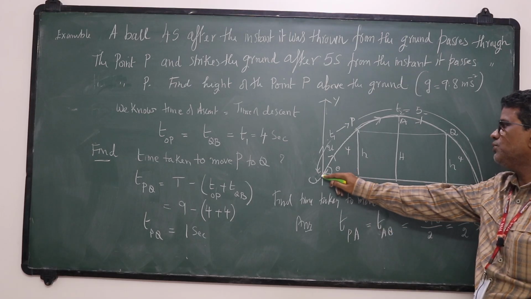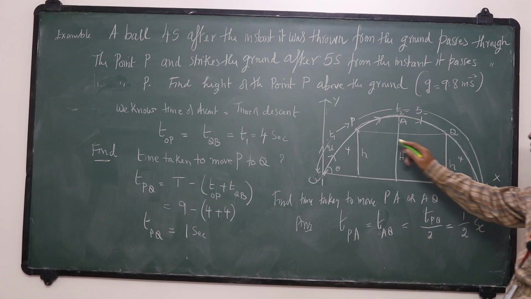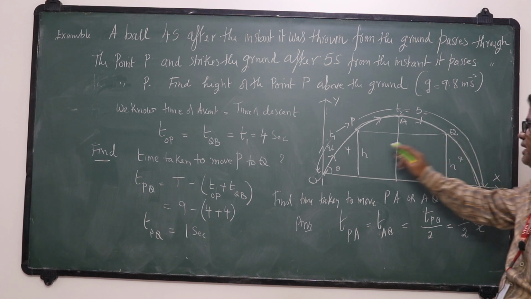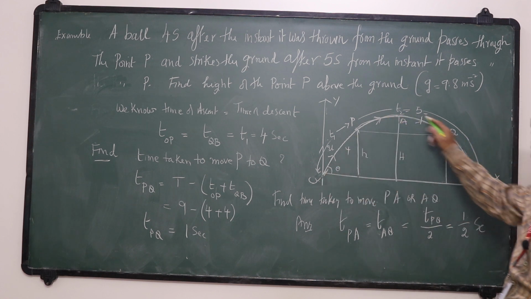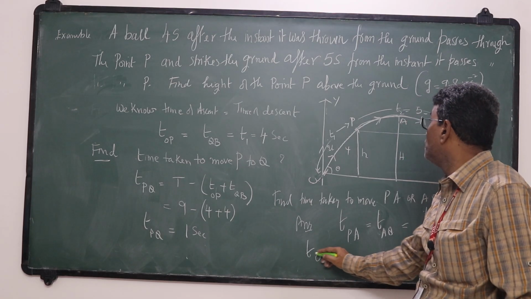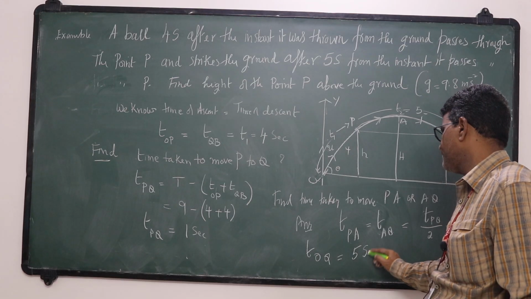So to move O to P it will take 4 seconds, since time of ascent is equal to time of descent. So can you say the time taken to move O to Q? Can you say the answer is 5 seconds?